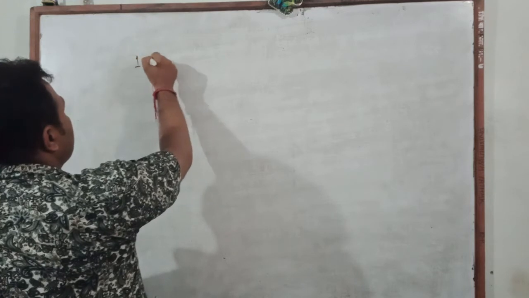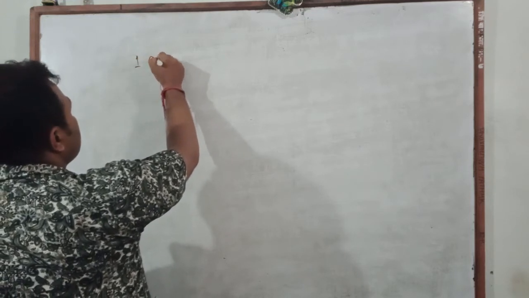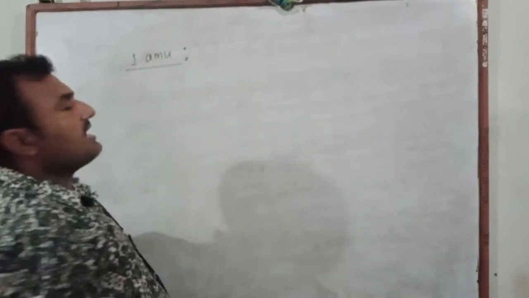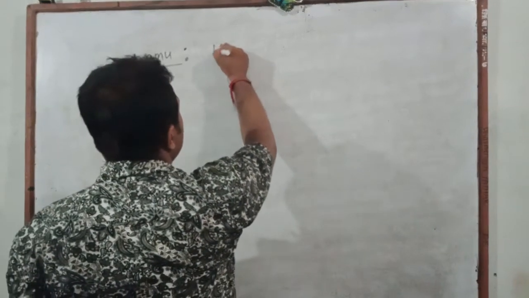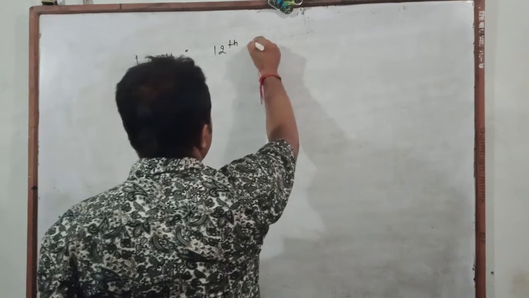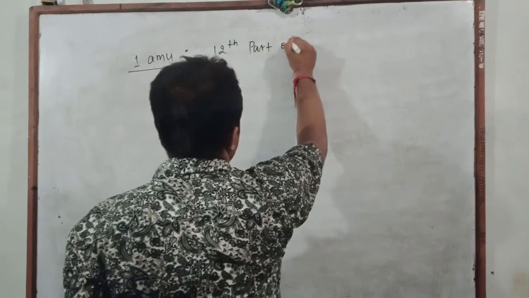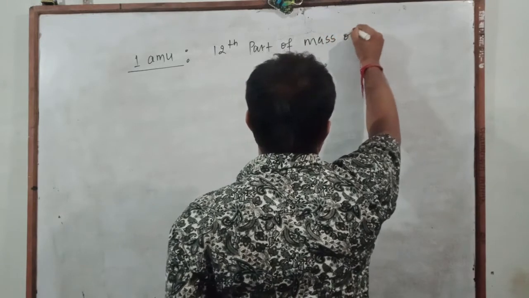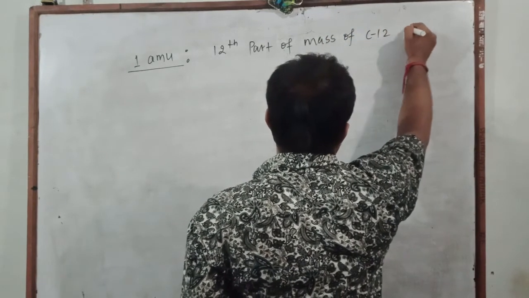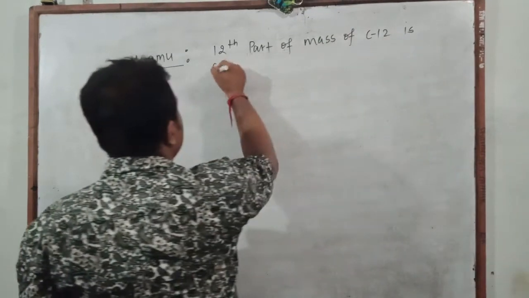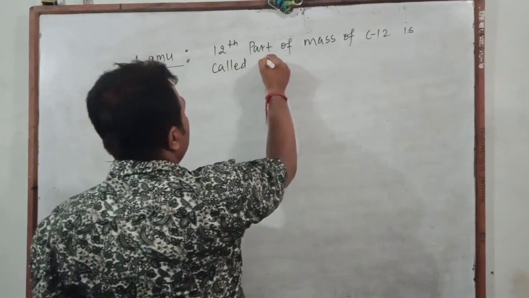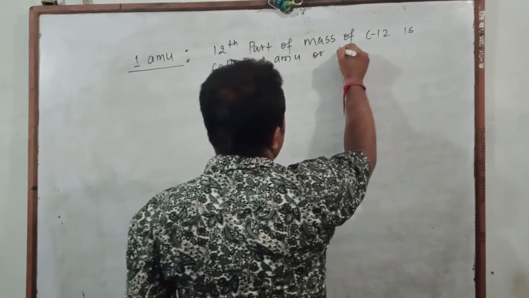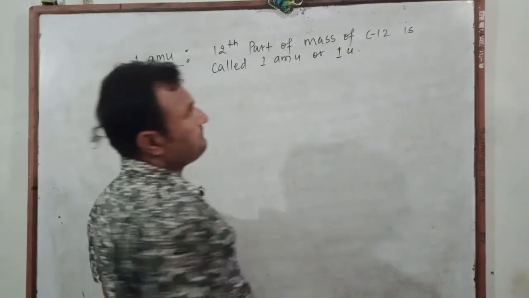At first we define 1 AMU, atomic mass unit: the 12th part of the mass of carbon-12 is called 1 AMU, or simply 1 unit mass.